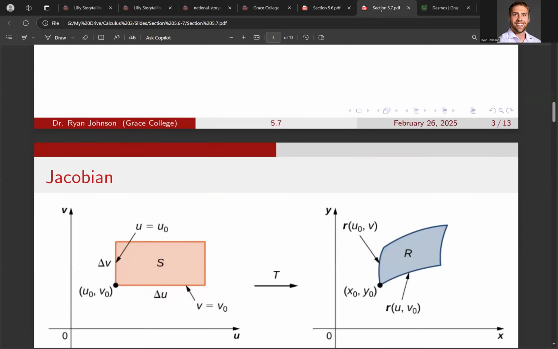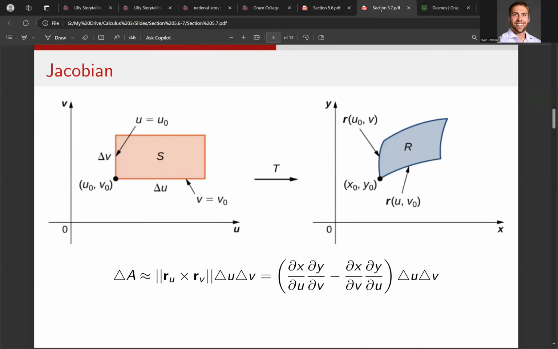Okay. So things get stranger when we have to deal with how the dA changes. You remember how the area of a parallelogram, where you have a vector and a vector giving you two sides of the parallelogram, is the magnitude of the cross product.